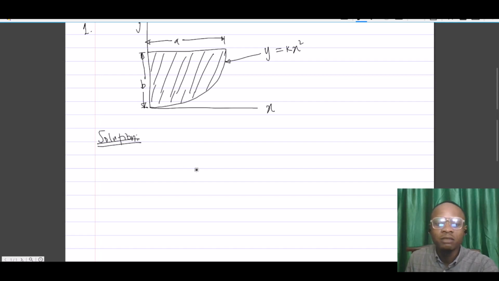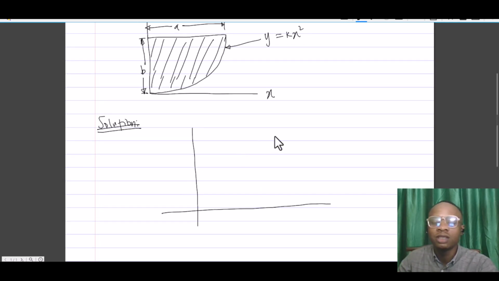To get the moment of inertia about the y-axis, for instance, we could use a vertical strip, a rectangular strip that is parallel to the axis.